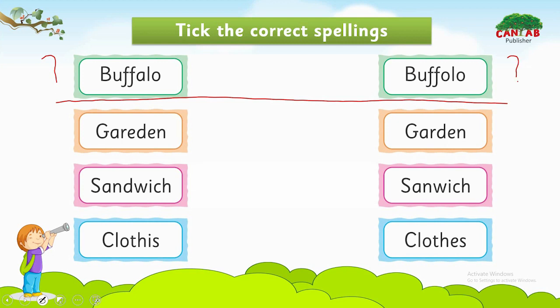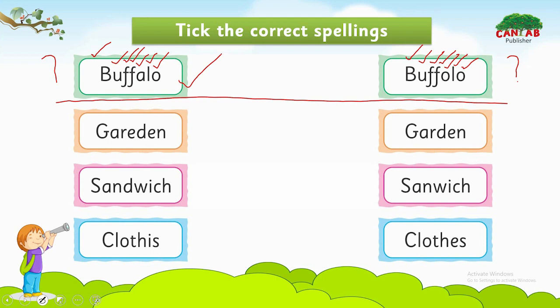Pronounce it loudly. B-U-F-F-A-L-O. What is this? Buffalo. Is it right? Let's check the second option. B-U-F-F-O-L-O. Buffolo. So which one is the right answer? Yes, this is the right one, buffalo.